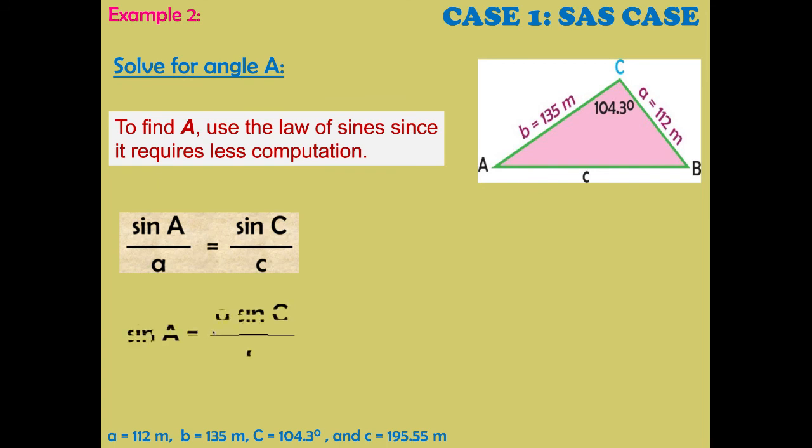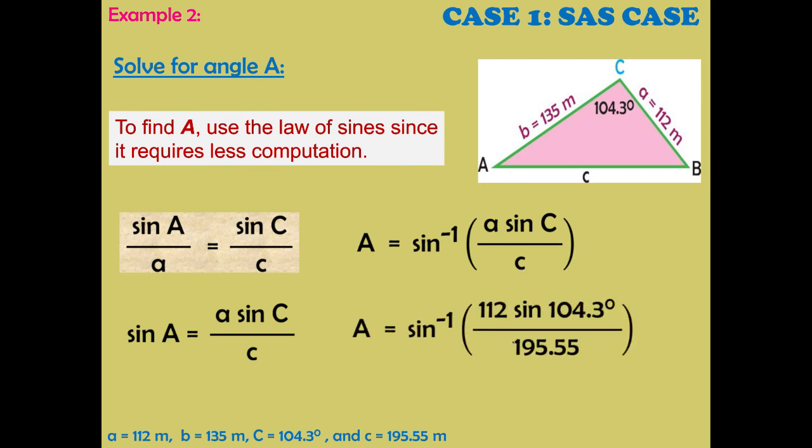Solving for sine A, we have sine A equals A sine C all over C. So A will be equal to sine inverse of A sine C all over C. Then substitute the given values: A will be replaced by 112, angle C by 104.3 degrees, and side C by 195.55.